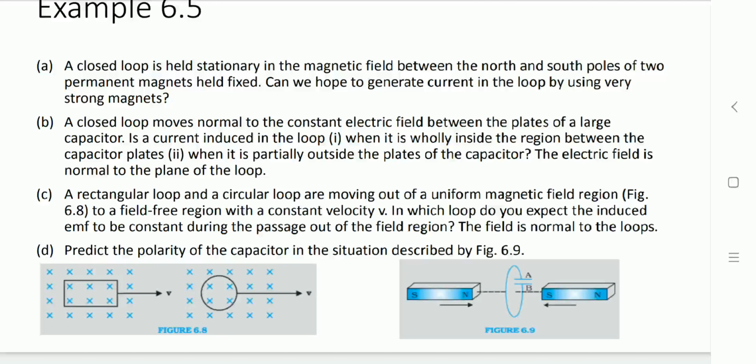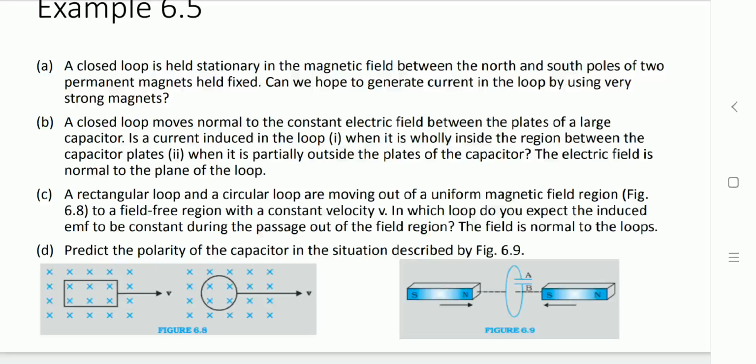Third case: a rectangular loop and a circular loop are moving out of the magnetic field region, as observed in figure 6.8, to a field-free region with a constant velocity v. In which loop do you expect the induced EMF to be constant during the passage out of the field region? The field is normal to the loops.